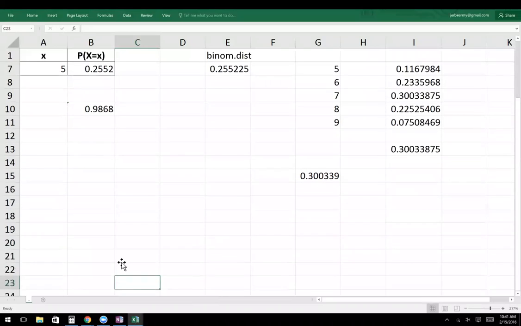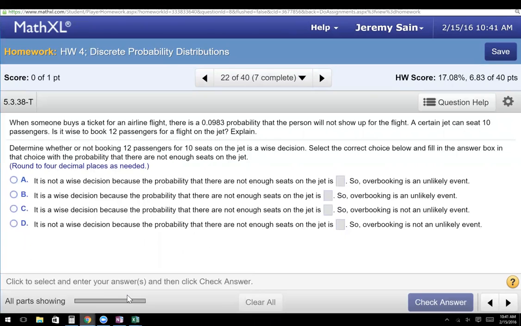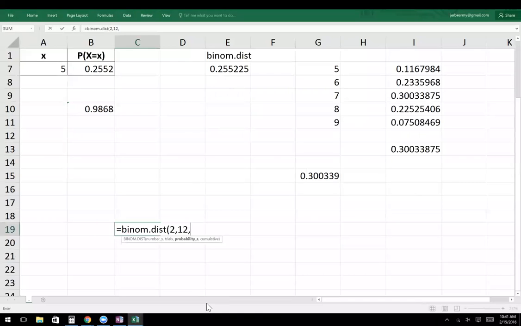I'm going to do the same thing. If I want to find the probability that there's 2 or less people, it would be binom dist 2 out of 12 with whatever that probability was, which is 0.0983. And I want or less, so 1, right?